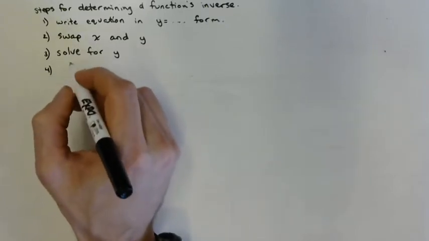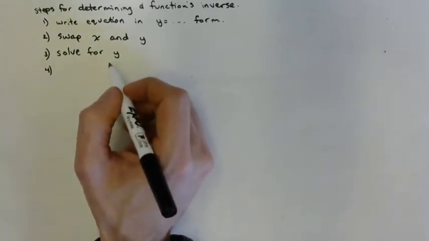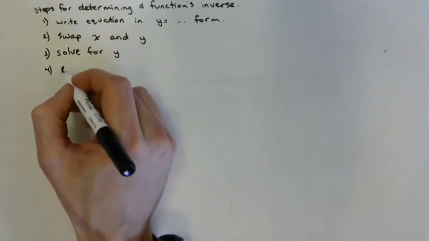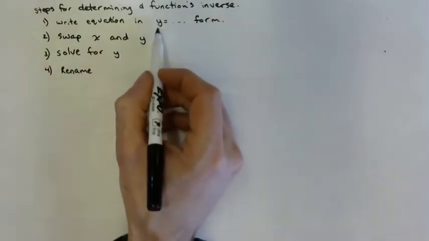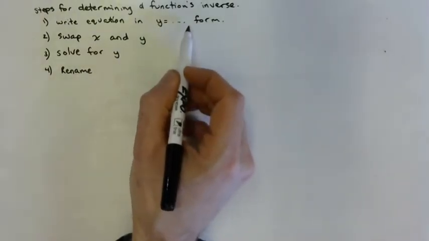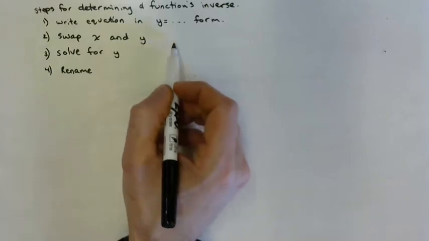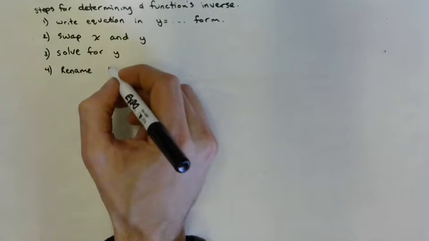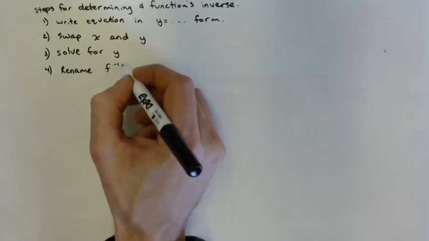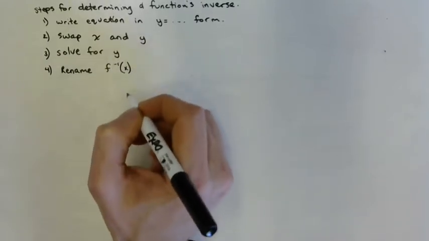When you do that, you will have created an inverse function, okay? But you need to rename it, because it's useless if your original function is y equals something and your inverse function is also y equals something. You don't know which is which or that it's an inverse. So you're going to rename it f inverse of x.